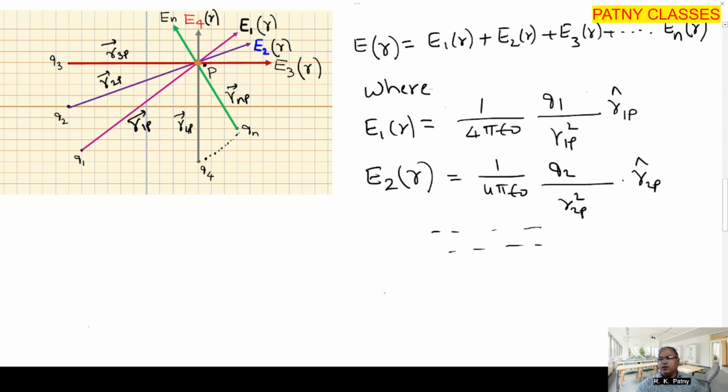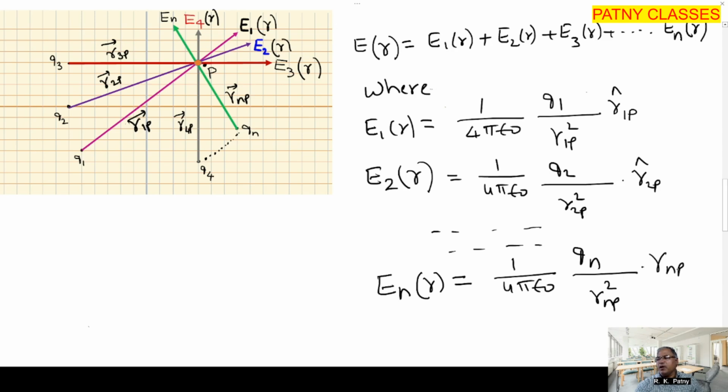Similarly, the electric field due to the nth charge, that is En of r, equals 1 upon 4 pi epsilon naught Qn upon Rnp square multiplied by Rnp cap.